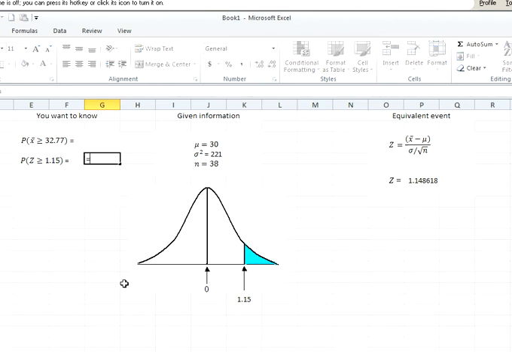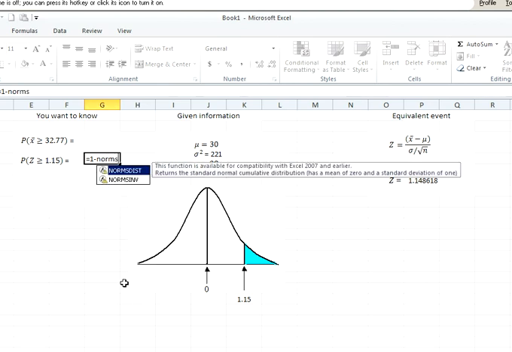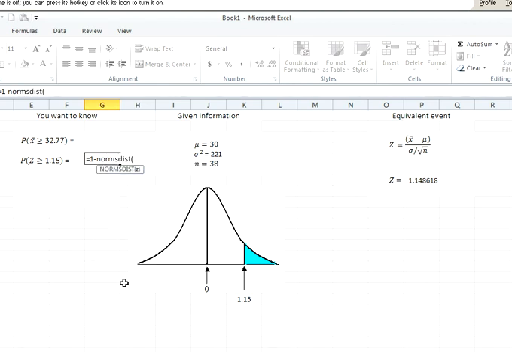1 minus NORMSDIST of this number, right parenthesis, so 0.125357. So this area is 0.125357.